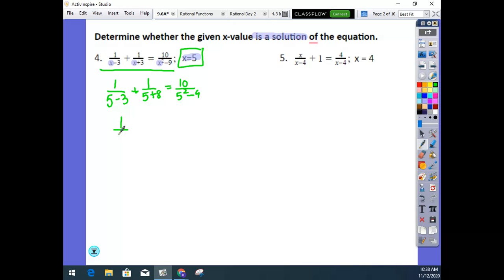Well, 5 minus 3 is 2. Oh, I already added, sorry. 5 plus 3 is 8. 5 squared is 25 minus 9, 16. Now I need a common denominator. So I'm going to multiply by 4.